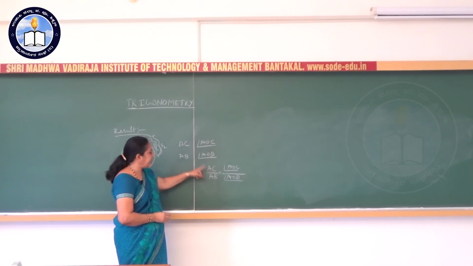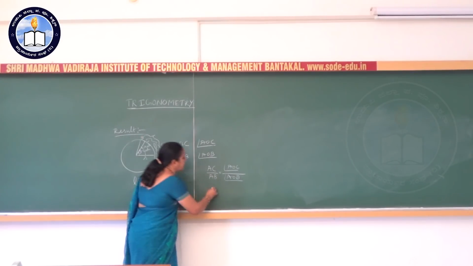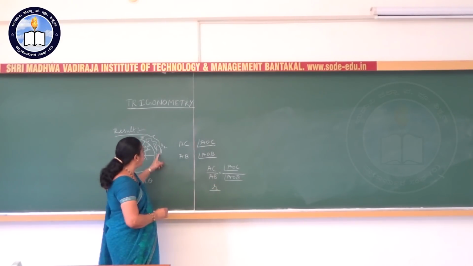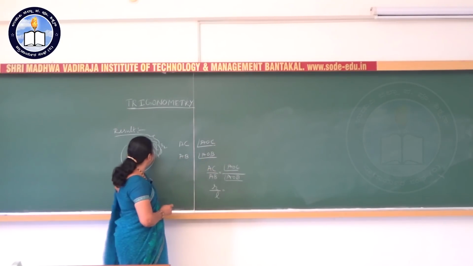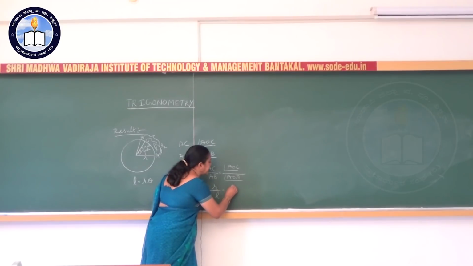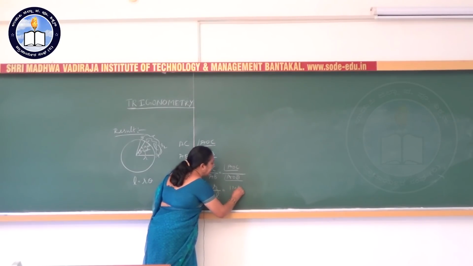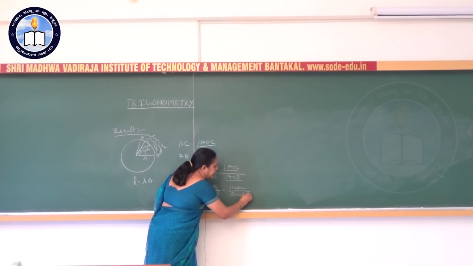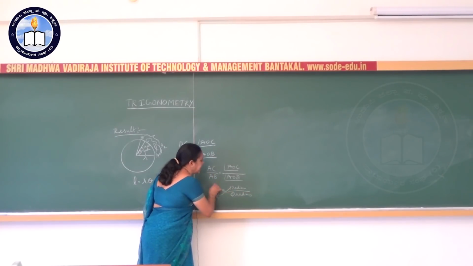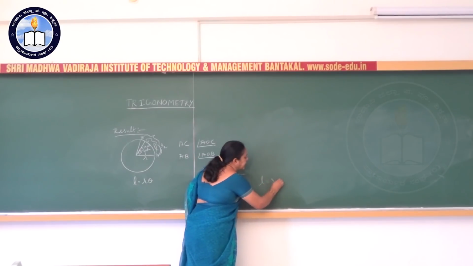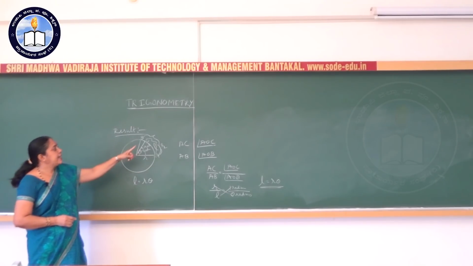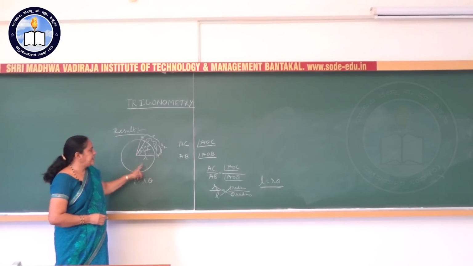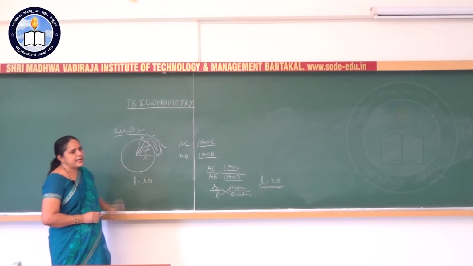But AC is equal to r and AB is equal to L. Angle AOC is equal to 1 radian and angle AOB is equal to theta radians. Therefore, L is equal to r into theta. So, length of an arc is given by r into theta, radius into central angle. Okay.